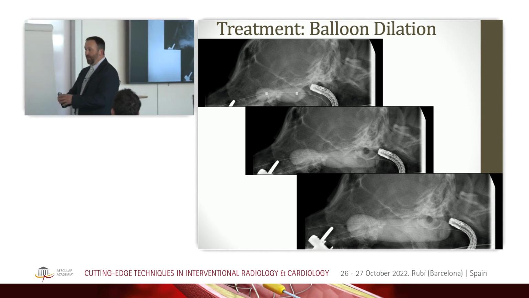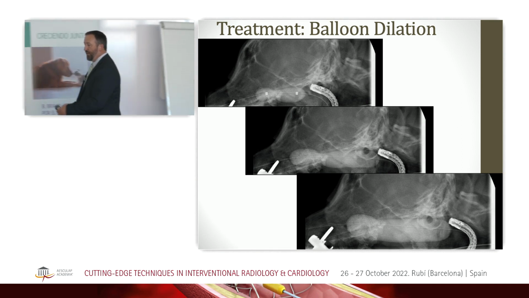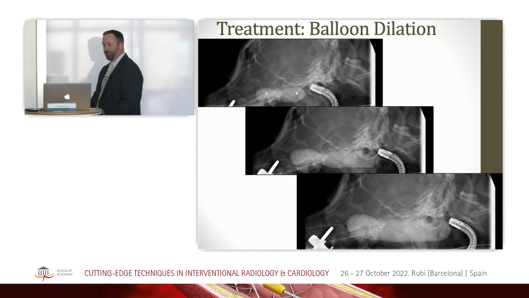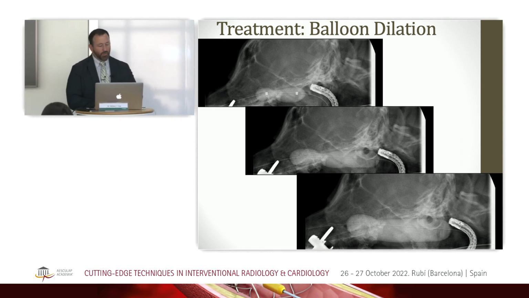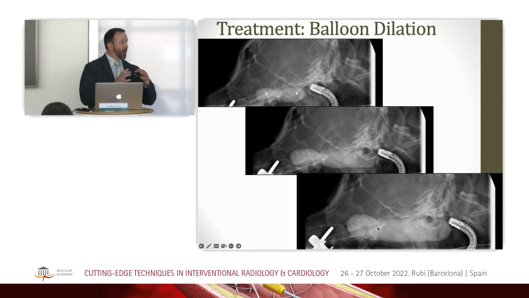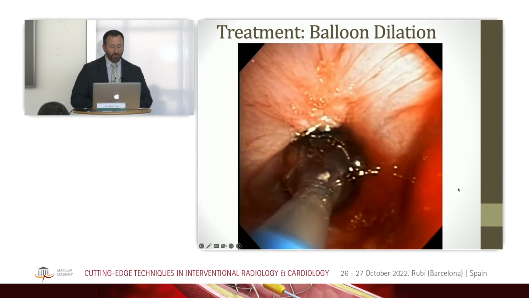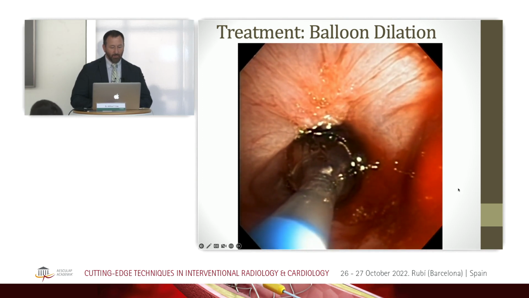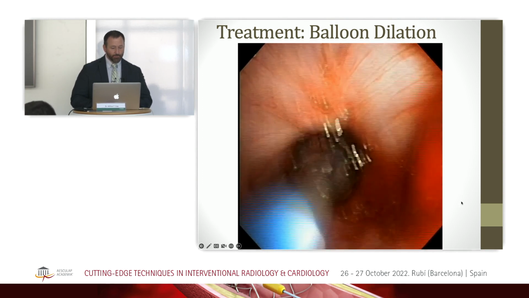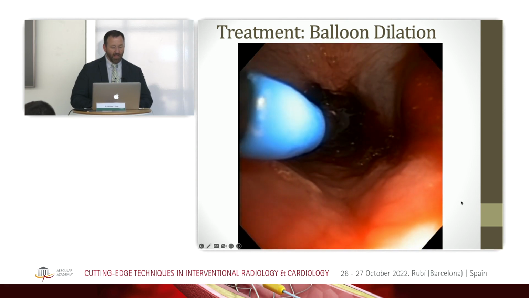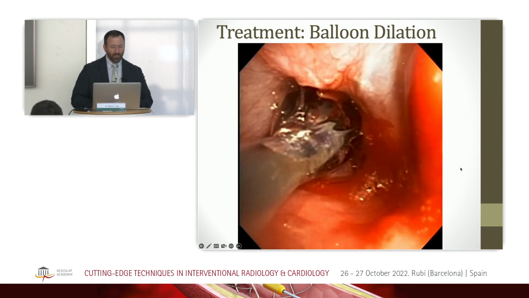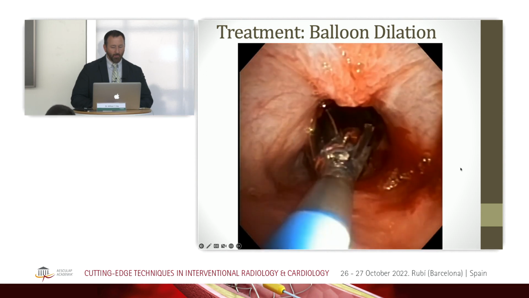But the waist there, we actually could see the waist disappear, and I'll show a video here in a second that shows a really nice example of that. But you want to see that balloon completely open up so that you break down that strictured waist in that region. And so here it is again, just kind of blowing up, and then once it's done, we want to remove it, and then we hope that we've at least opened up that area pretty significantly.